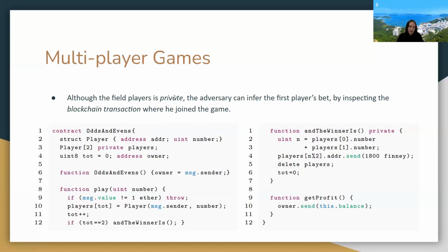And in this case, when they submit a number to the game, players would assume that those values are private, because initially we declare the players as private variables. However, as we've already seen, it doesn't really guarantee secrecy. So anyone who sees a transaction where the player calls this play number function can see the input parameters and the number itself.